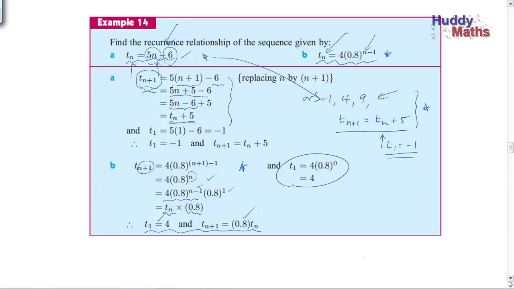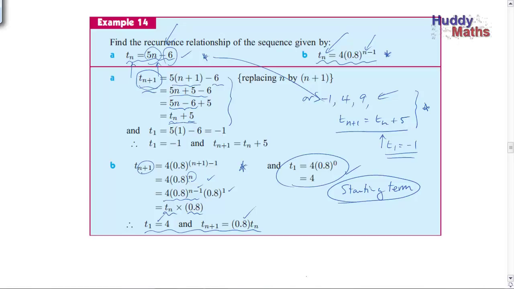And so when we're doing a recursion method, you must have some starting term, or terms. Fibonacci needed 2 terms to start. So you must specify a starting term when n is 1, and then try to build from that.